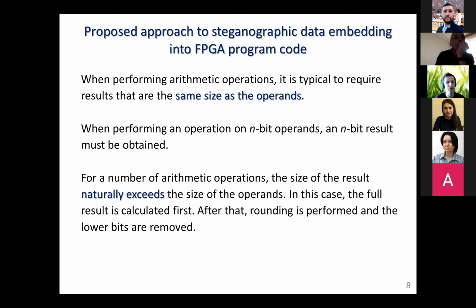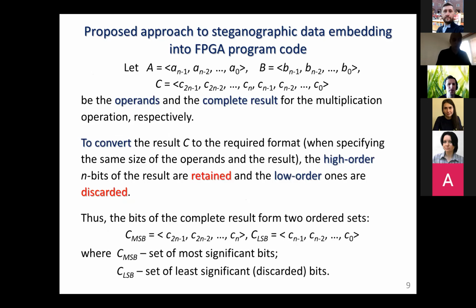For a number of arithmetic operations, the size of the result naturally exceeds the size of the operands. In this case, the full result is calculated first. After that, rounding is performed and the lower bits are removed.